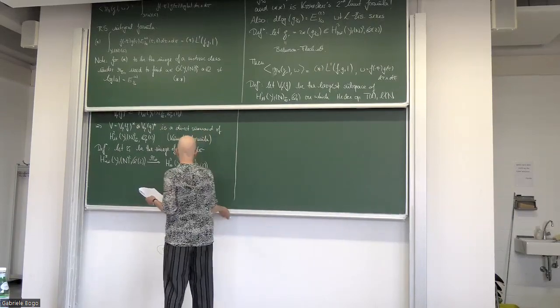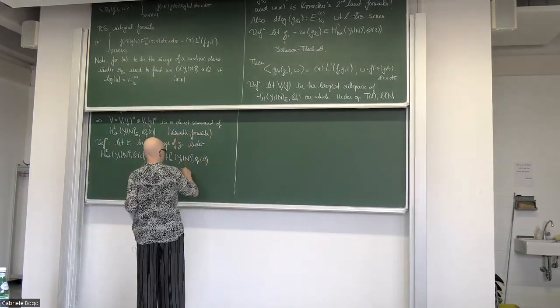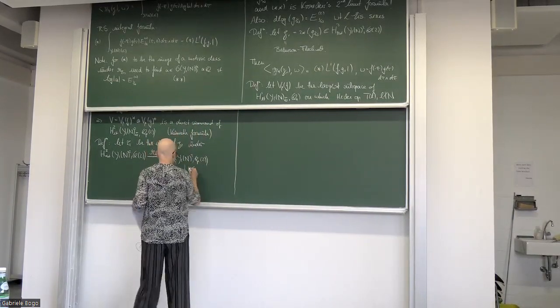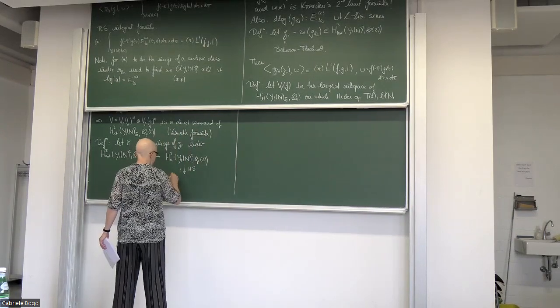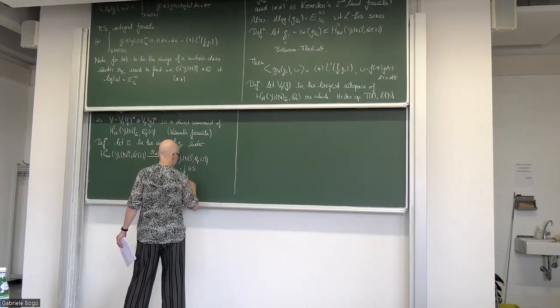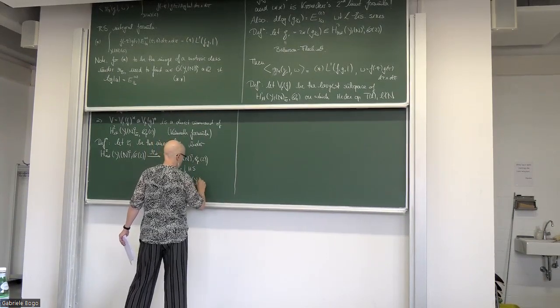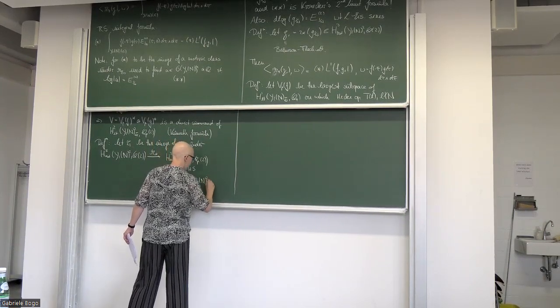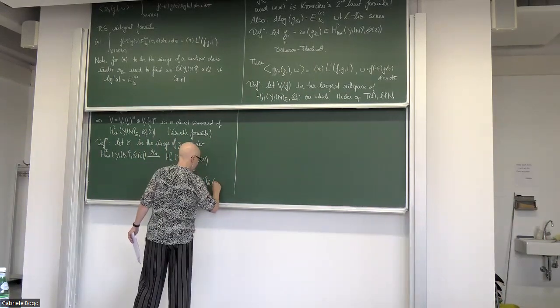Then we use the Hochschild-Serre spectral sequence to bring us into the H^1 of Q with values in the H^2 étale of Y1(N) squared over Q bar, Q_p twist 2.